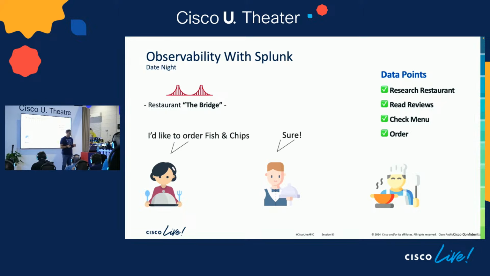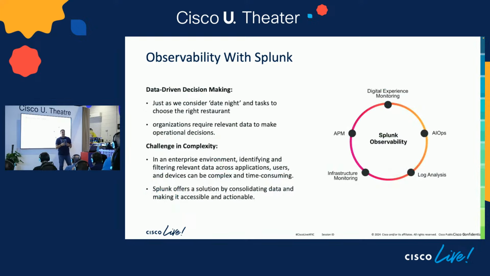We want to have a single pane of glass to be able to get all the data points from our infrastructure, from our network, and from our network devices into a massive database, essentially, to be able to query it, to be able to look at paths, to be able to see and make decisions and see what's happening from our application all the way down to our infrastructure.